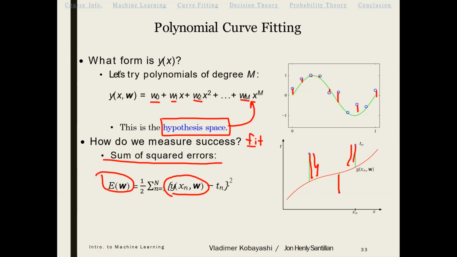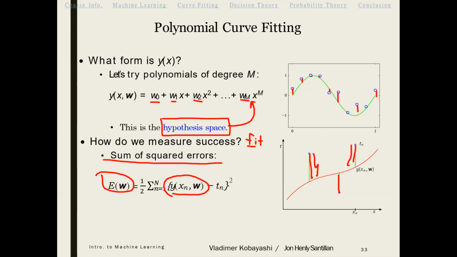Hypothesis space is, of course, we need to decide on what model, right? And then since this is just the hypothesis space, it means that it's actually a family of models that we can use, parameterized by these weights. Okay, so depending kung ano yung value ng mga weights, then you have a specific model. Now we need to decide how do we choose between several models. Kasi basically we have an infinite number of functions or polynomials which we can use to fit here.